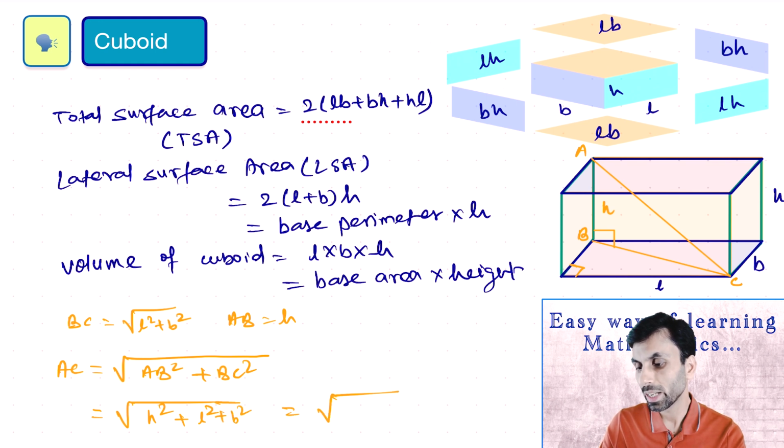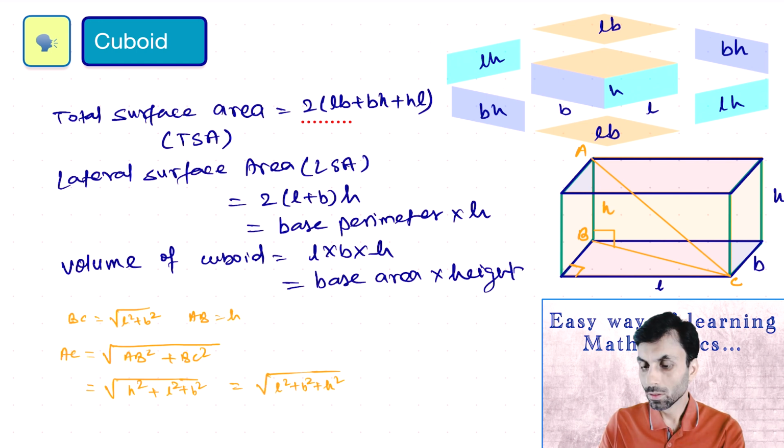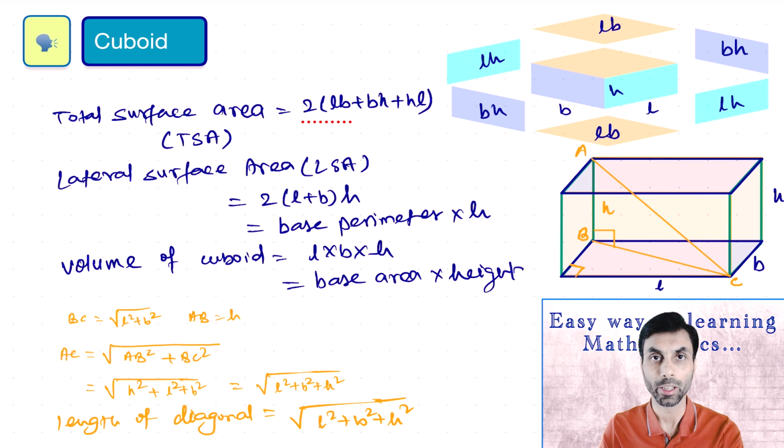After rearranging, we can write it as L square plus B square plus H square, and that will be the length of the diagonal of the cuboid. So the length of the diagonal here will be equal to the square root of L square plus B square plus H square.